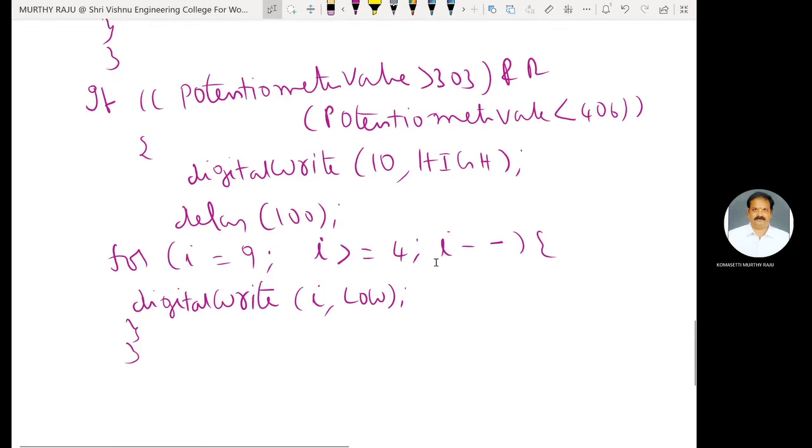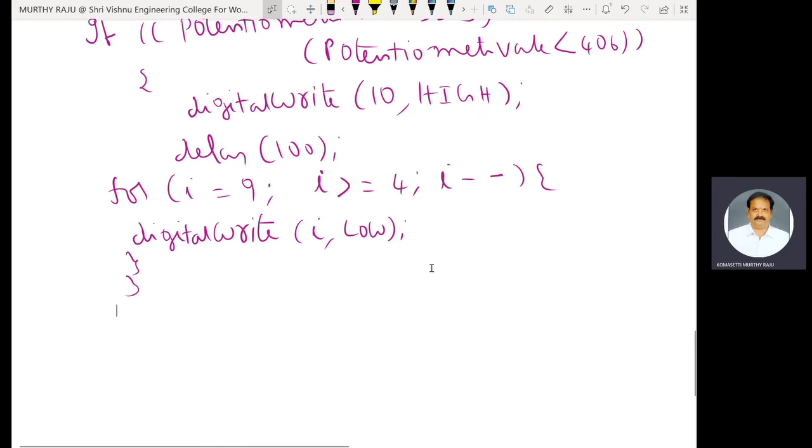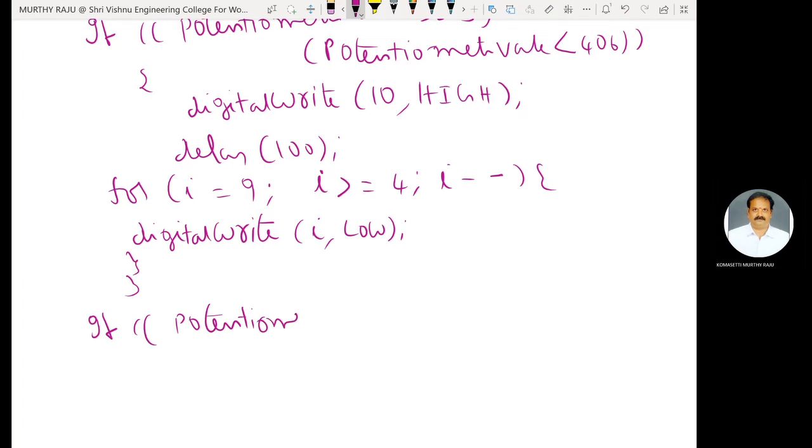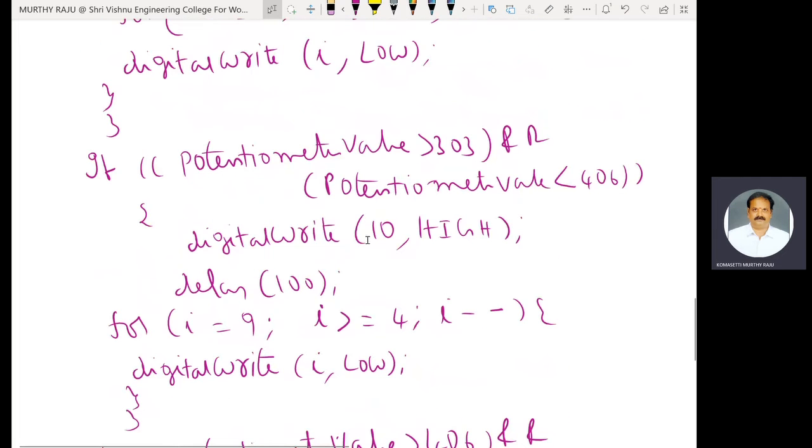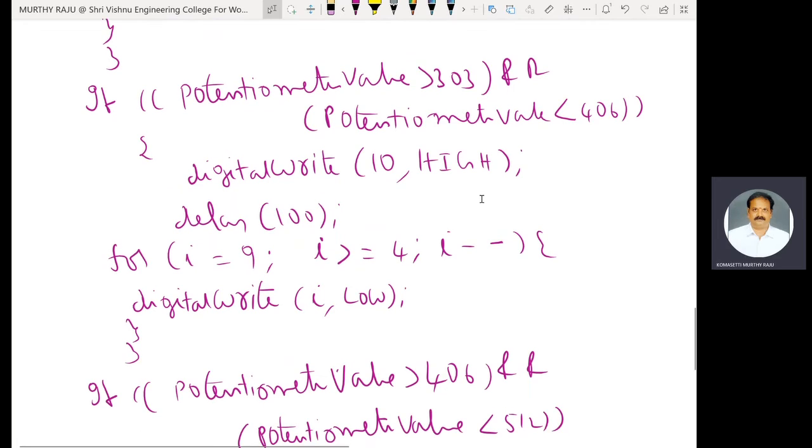Okay, 4 LEDs. The next one, if potentiometer value is greater than 406 and potentiometer value less than 512, digital write, the 9th pin is high. Here 13, 12, 11, 10, 4 LEDs are on.